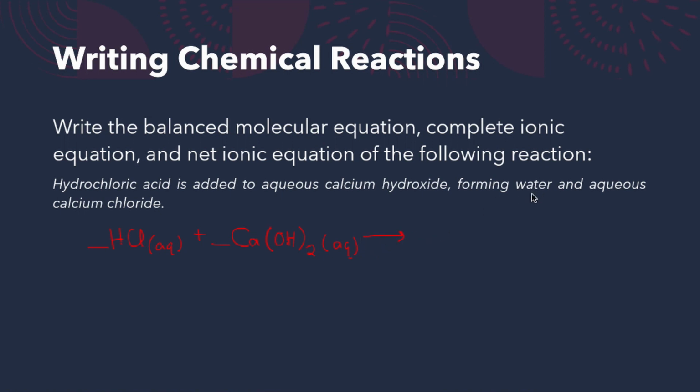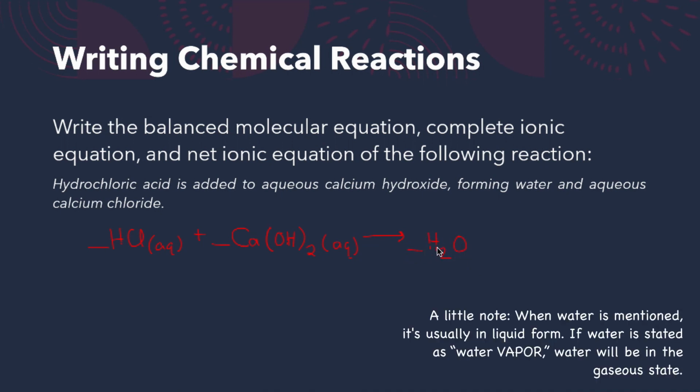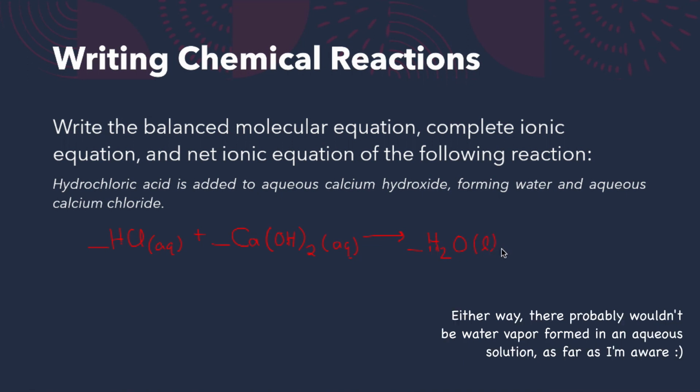Now, when you have just water here, it's not aqueous, because aqueous means it's dissolved in water, and you don't dissolve water in water. So we're going to write water as liquid, and we all know what water is. We know that's H2O. That's liquid. And then lastly, we have aqueous calcium chloride.